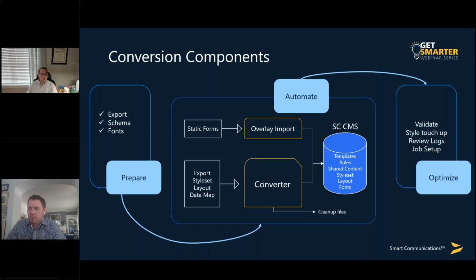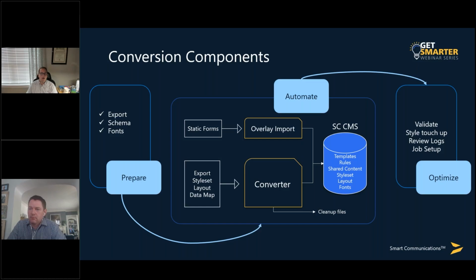No matter what you're migrating over to SmartCOMM, you have to do some preparation up front. That's a matter of exporting the templates out of that legacy CCM system, putting together a schema that will be your go-forward data model in SmartCOMM, and also understanding what fonts and other miscellaneous resources need to be set up within SmartCOMM. So that's the preparation steps.